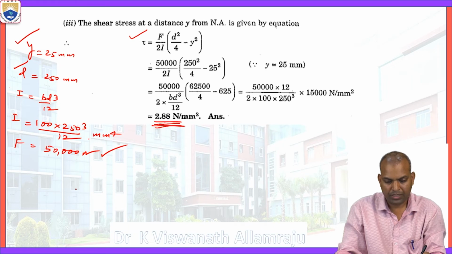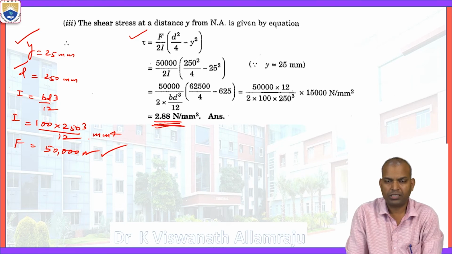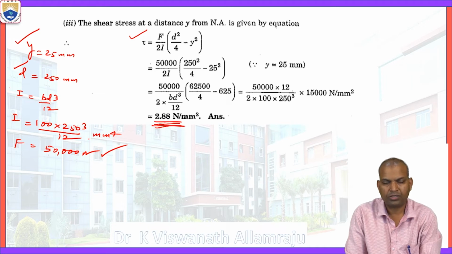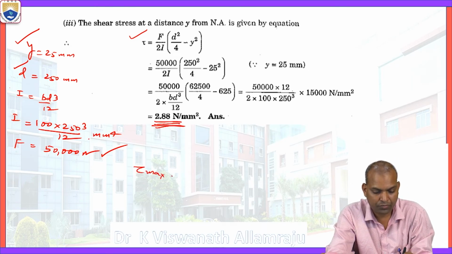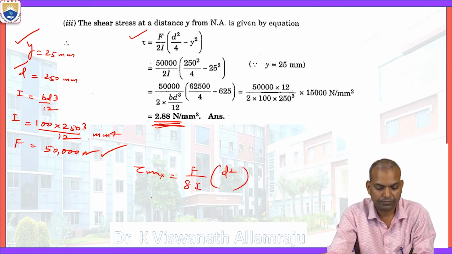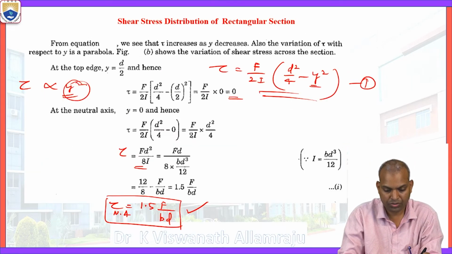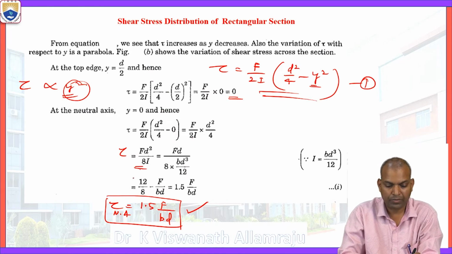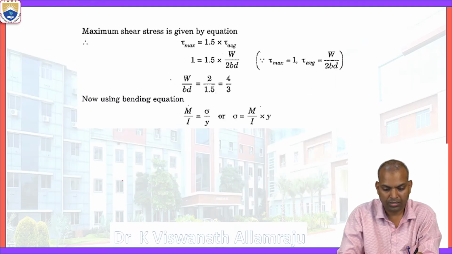Okay, next problem. These are the three objectives we calculated. First objective is average shear stress, that is F by B times D. Next one is maximum shear stress, equal to 1.5 times average shear stress. There is another formula for maximum shear stress, tau maximum equal to F by 8I times D square, that is FD square by 8I at the neutral axis.